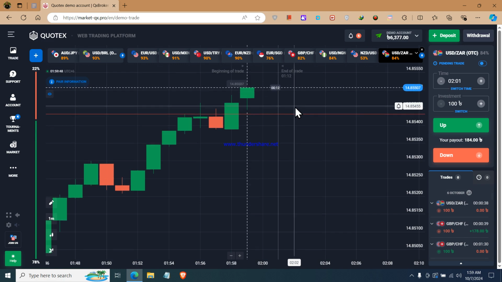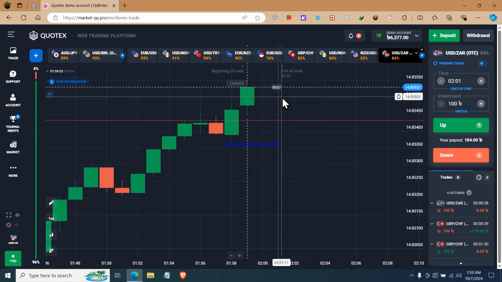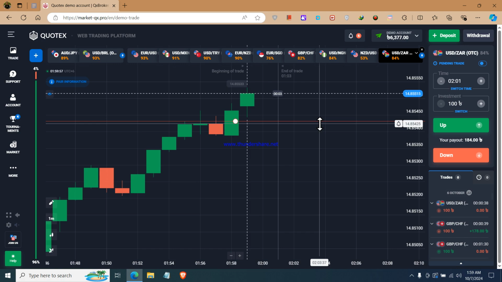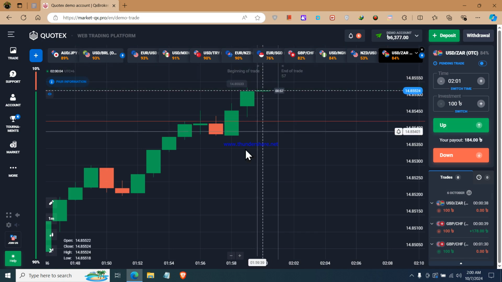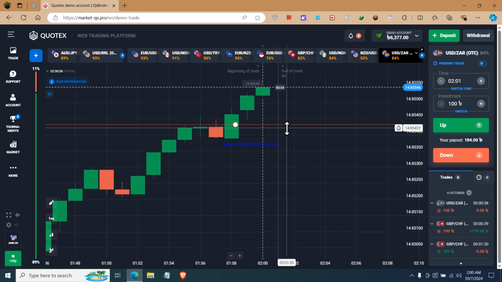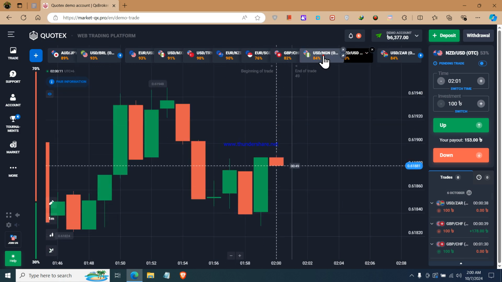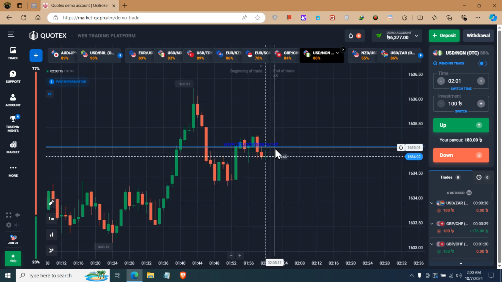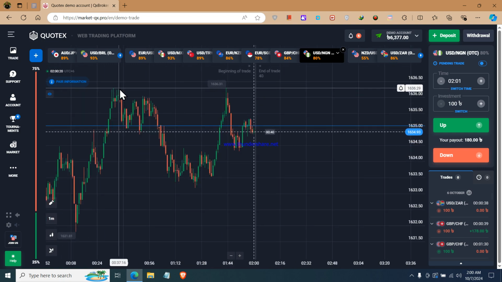Okay, they're making a green candle and they're breaking the 500 level. What's happening in USD and GN?